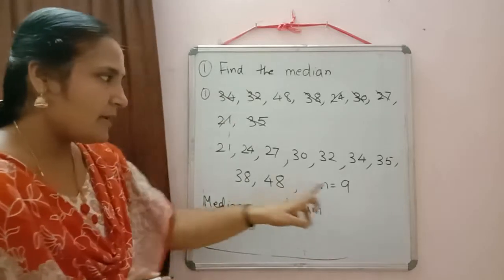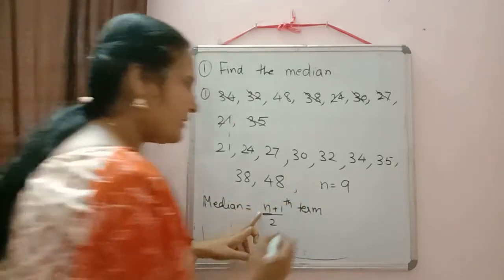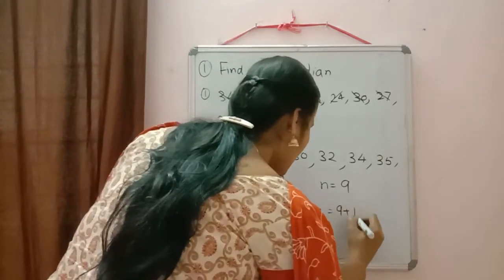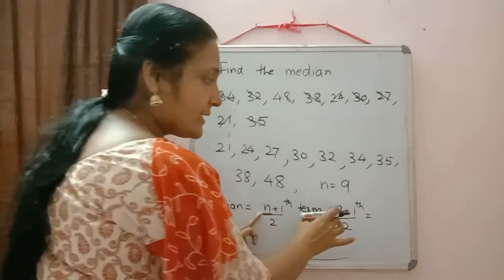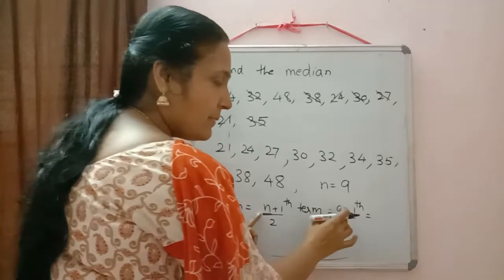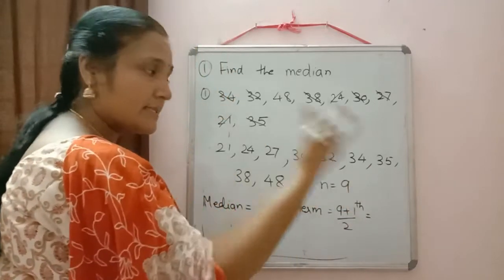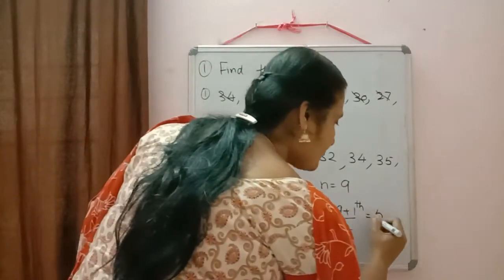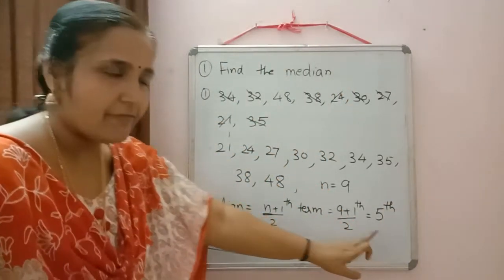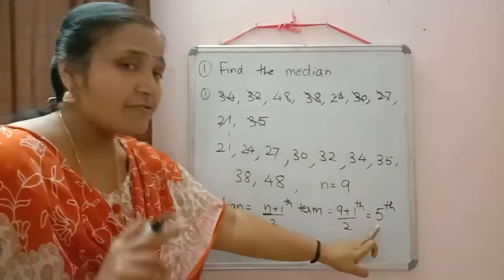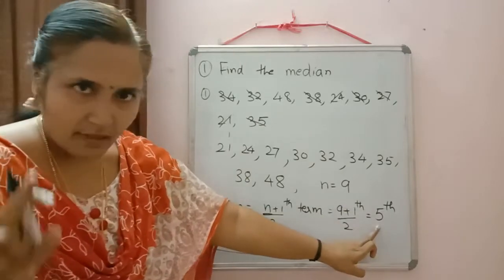At present we have n is equal to 9. So what we will write here? 9 plus 1 by 2th term. Median is not 10 by 2, median is 10 by 2th term. So 10 by 2 means 5th term. So median is not equal to 5. Median is the 5th observation. Clear?